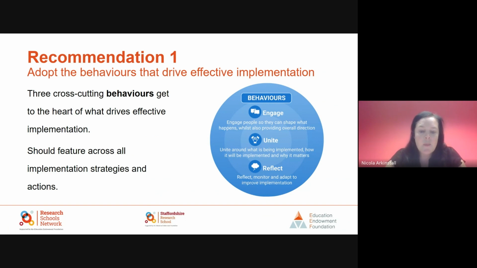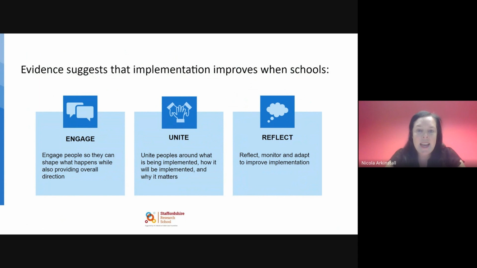Okay, so if we look at those 3 then, so it's engage, so it's how do we engage people so they can shape what happens, but also as the subject leader, you providing the overall direction of travel in that subject. How we unite, so how we unite colleagues around what is being implemented, how it's going to be implemented, and why it matters.